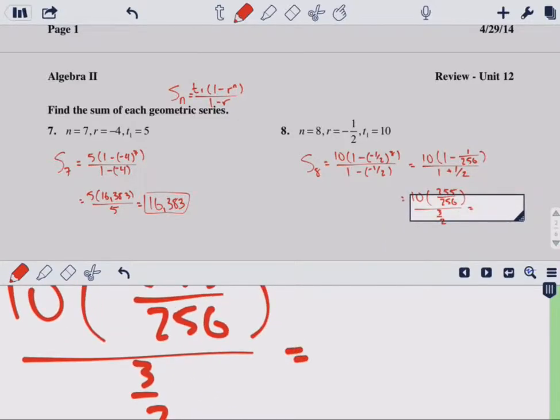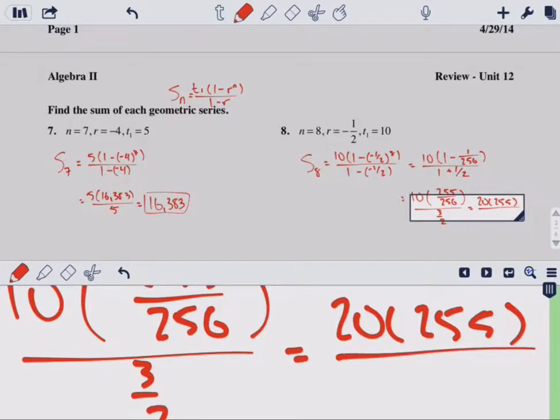Okay, that's equal to 20 times 255 over 3 times 256. And I'm sure some stuff cancels there. The 3 will go into the 255 85 times.